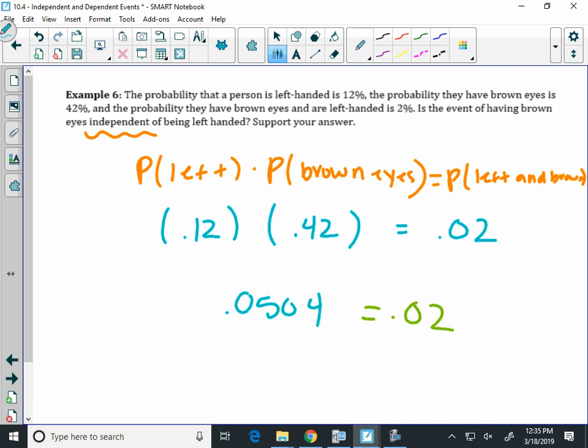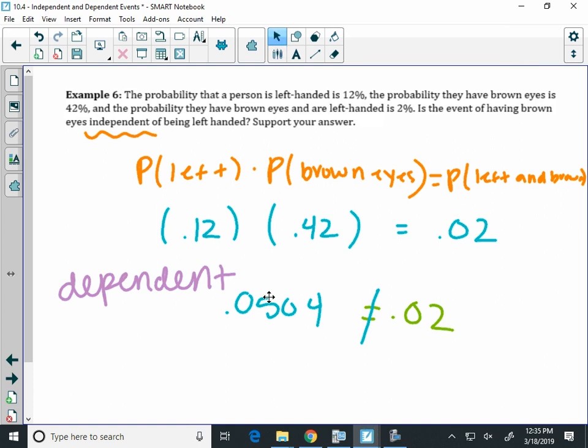Is that the same as 0.02? Are those equal? No, they're not. So are these independent or dependent? They're dependent. We didn't get the same thing. One more.